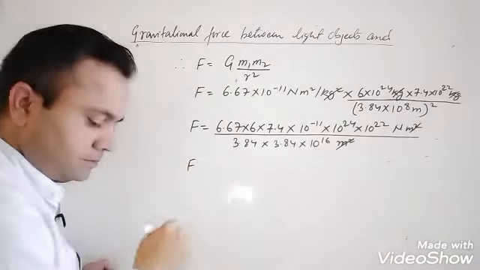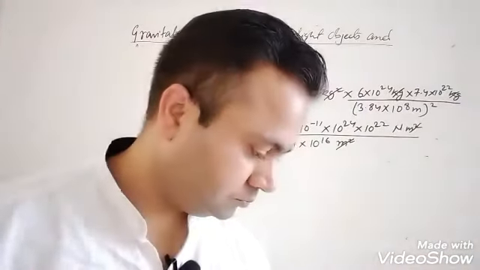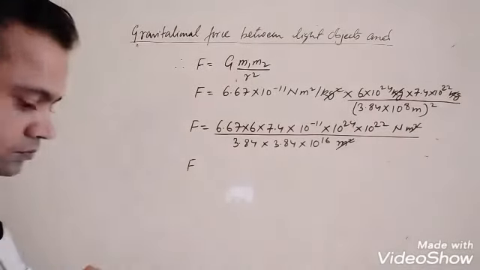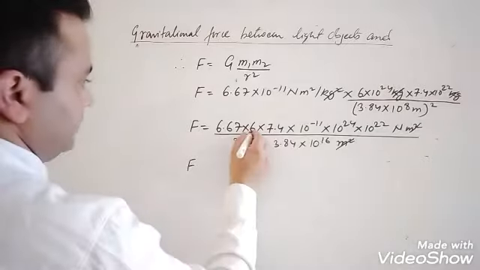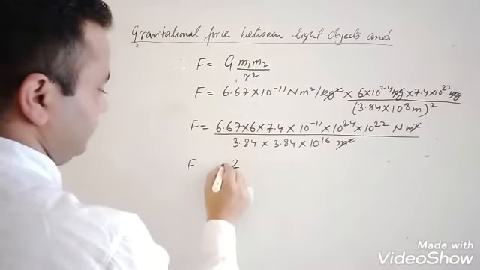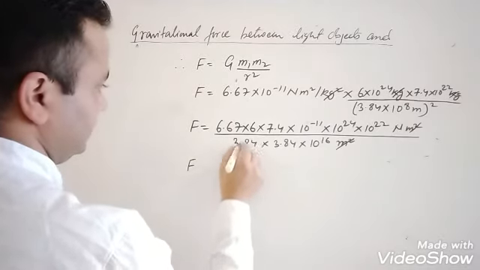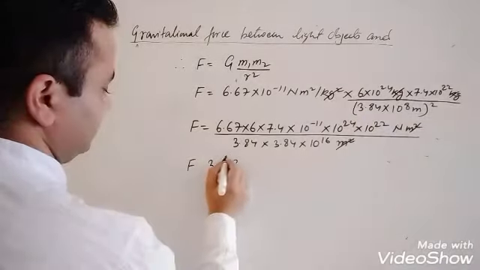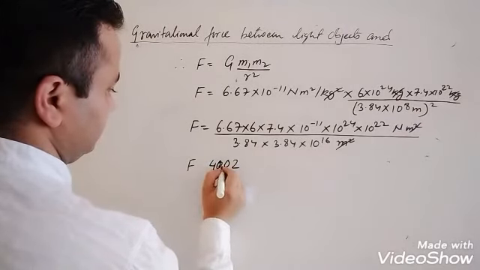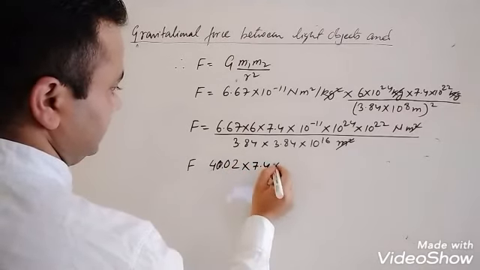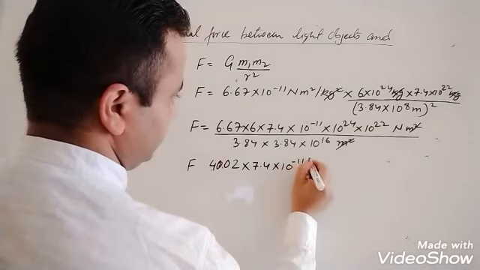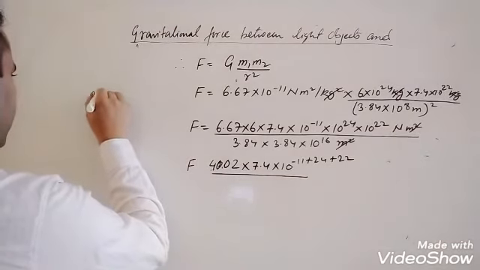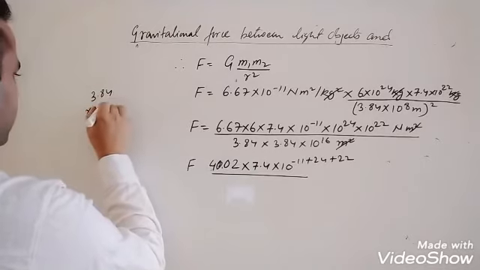So F equals, now multiply. 6 7 42, 6 6 36, 40 into 7.4, into, in case of multiplication, power is minus 11 plus 24 plus 22, divided by 3.84 into 3.84 into 3.84.